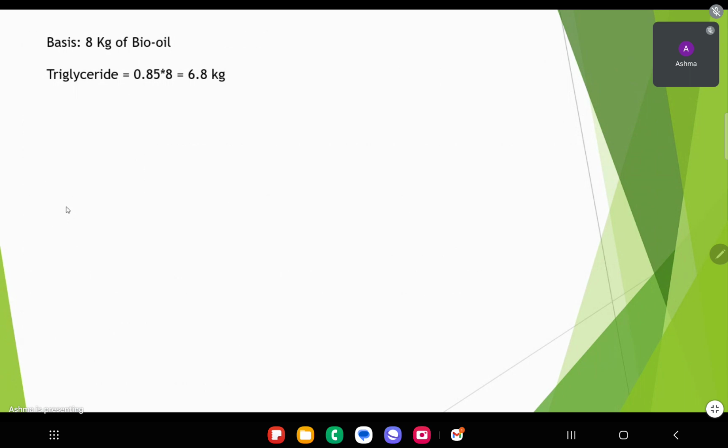So triglyceride will be 0.85 into 8, that is 6.8 kg, and the moles of triglyceride is 6.8 divided by the molar mass of the triglyceride, which we found to be 722. So the moles of triglyceride is 6.8 upon 0.722, that is 9.418 kilomoles.